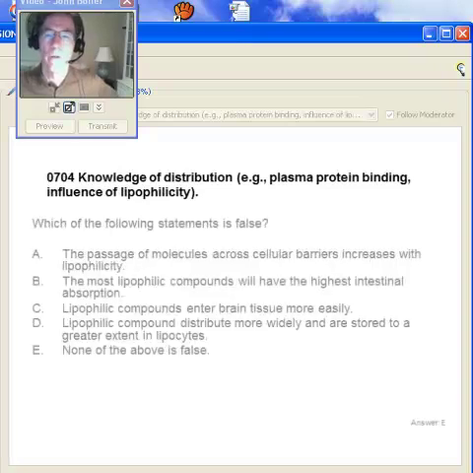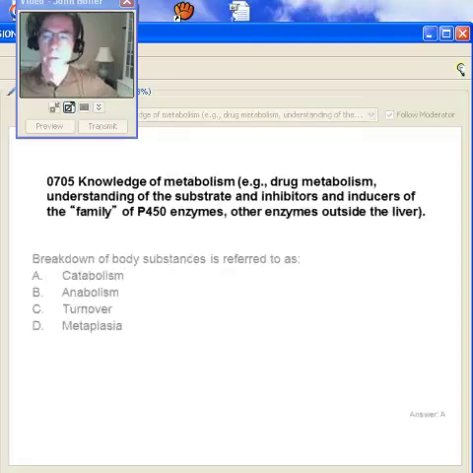Knowledge of distribution, the plasma protein binding, and that's already been spoken about. Okay, these are the drug metabolism, understanding the substrates and inhibitors and inducers of the P450 family of enzymes or other enzymes outside of the liver. So breakdown of the body's substances is referred to as catabolism.